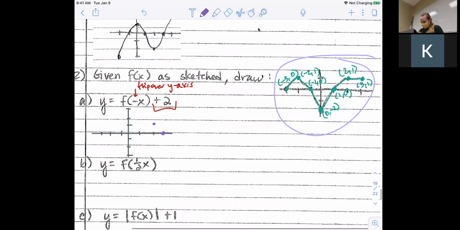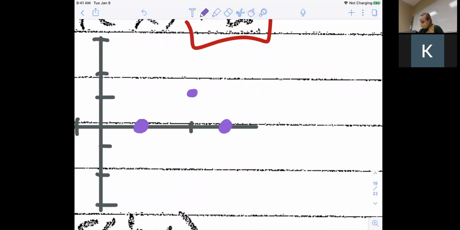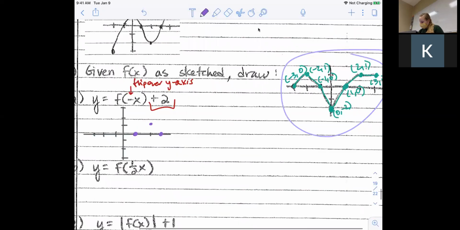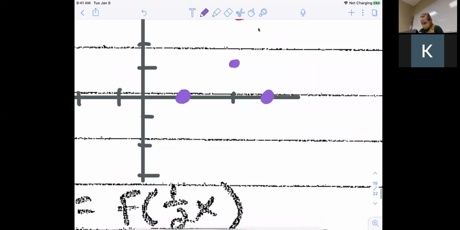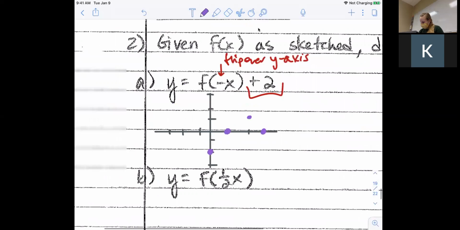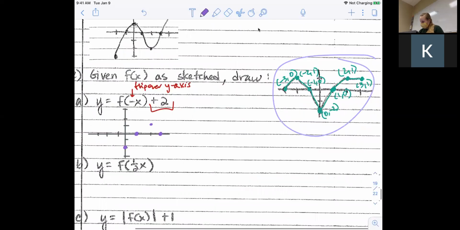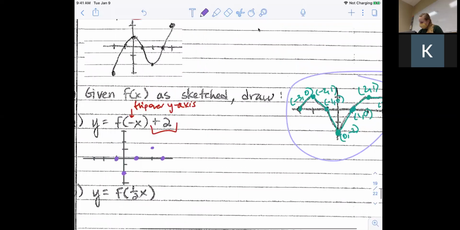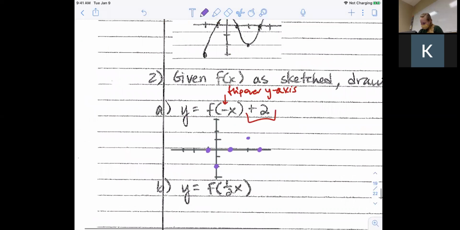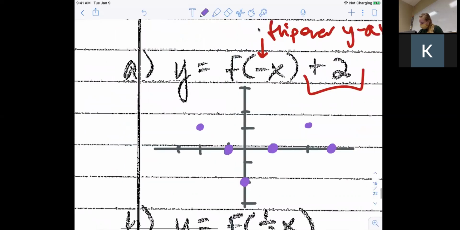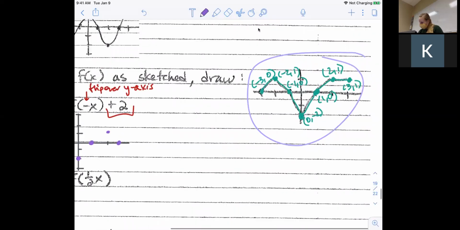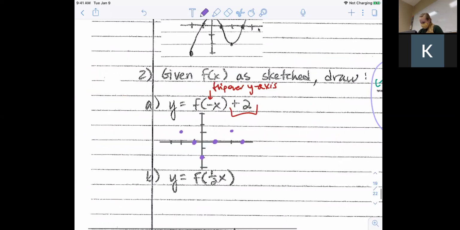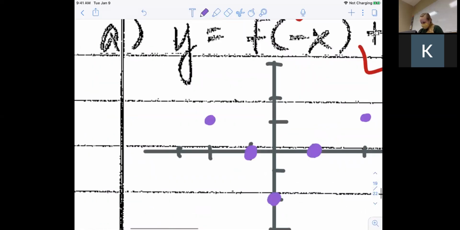Negative 1, 0 becomes 1, 0. 0, negative 2 stays the same. 1 becomes negative 1. Negative 2, 1. And then 3, 1.